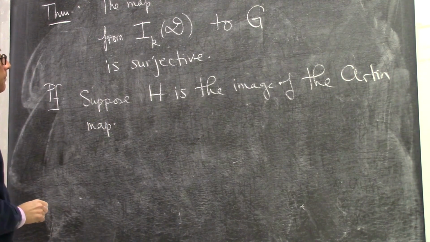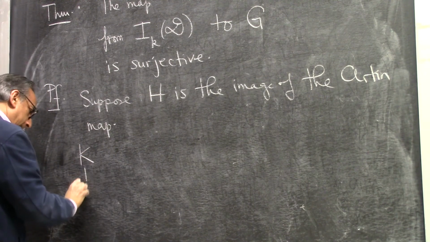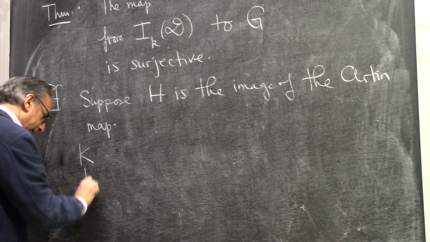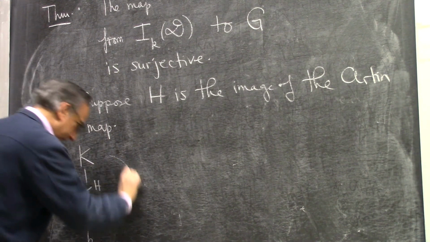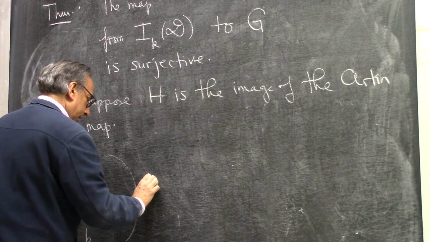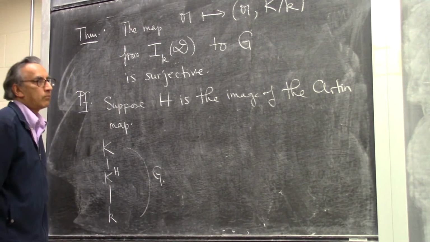Then let's draw a picture here, K. Let's look at the fixed field of H, call it K_H. So here's the Galois group G.